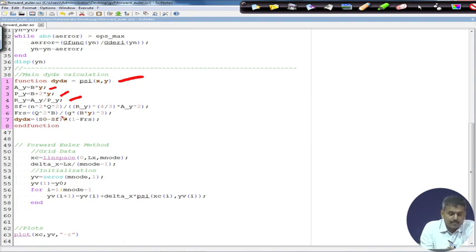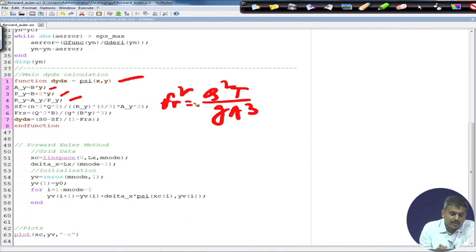So, Q square B by g A cube, because this is Q square T by g A cube, which is Fr square. From there we can calculate dy by dx.